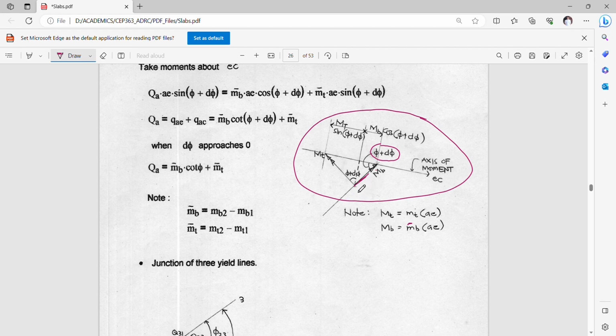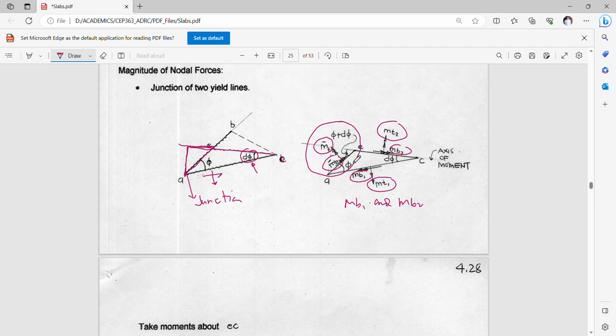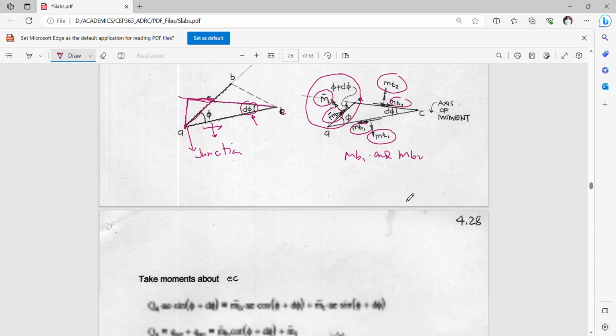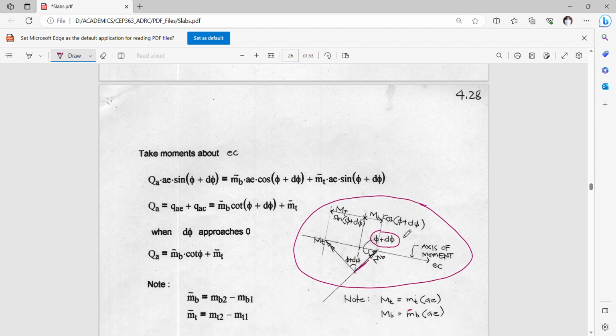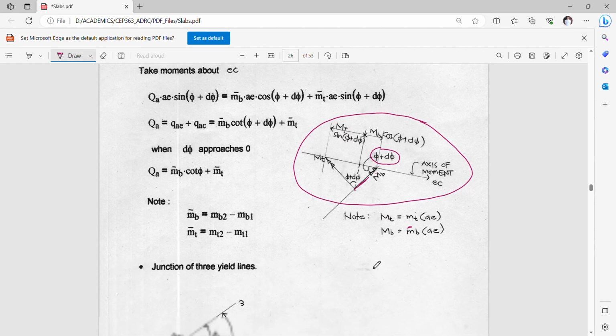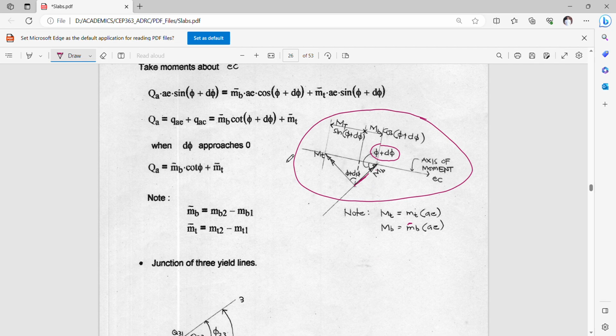Because we're talking here of MB and M bar B and M bar T as the resultant of your MB1, MB2, and MT1, MT2, we forget all of those and concentrate now on your capital MB and MT. So what is the difference between M bar B and M bar T?